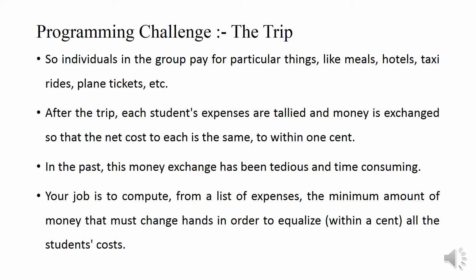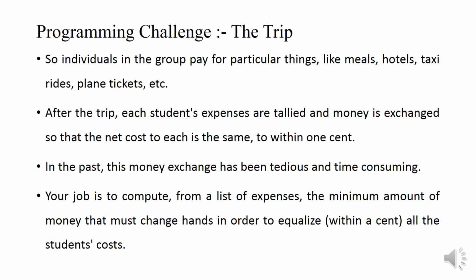Individuals in the group pay for a particular thing, like meals, hotel, taxi rides, plane tickets, etc. But they do not pay for toothpaste or a brush, because these are not included in the cost estimation; these are individual expenses.